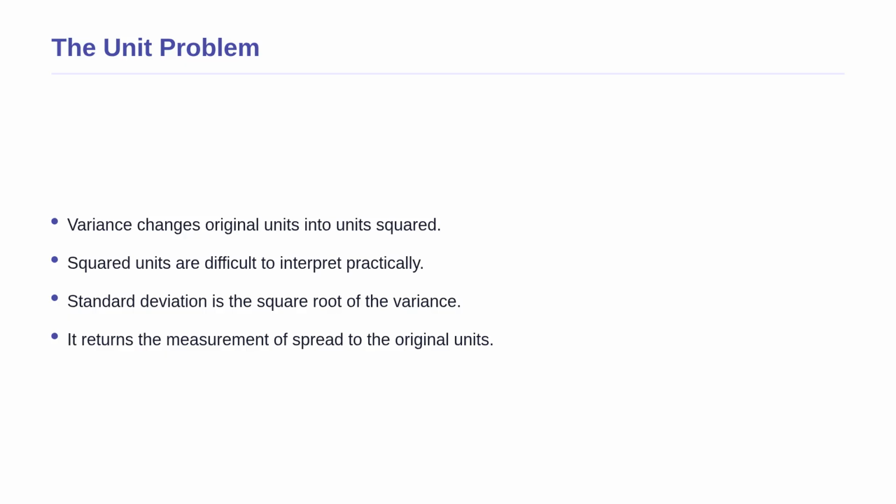To fix this unit problem, we use the standard deviation, which is simply the square root of the variance. The standard deviation brings our measurement of spread back into the exact same units as our original data, making it much easier to understand, visualize, and communicate to others.